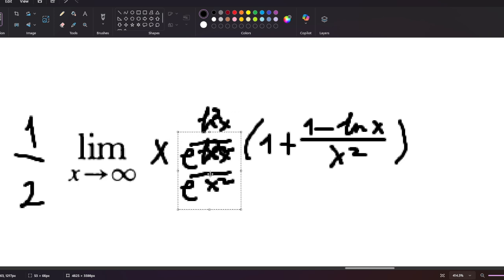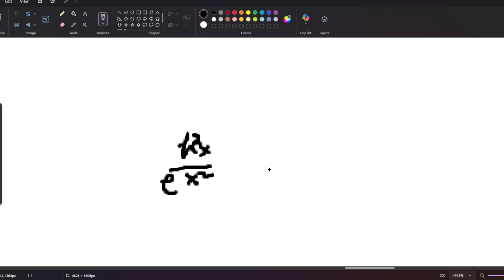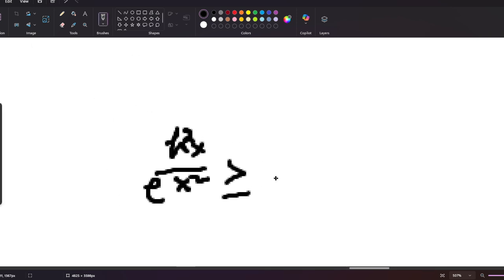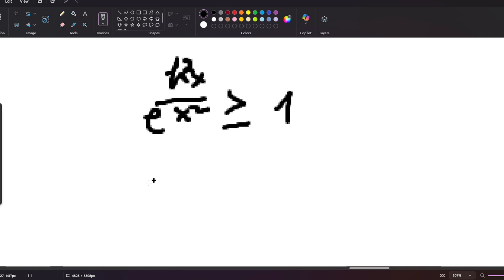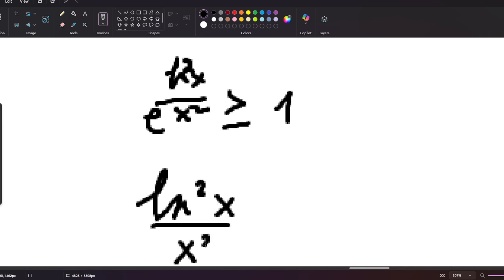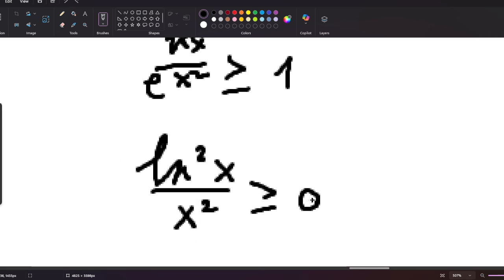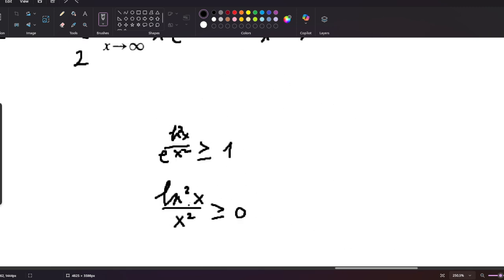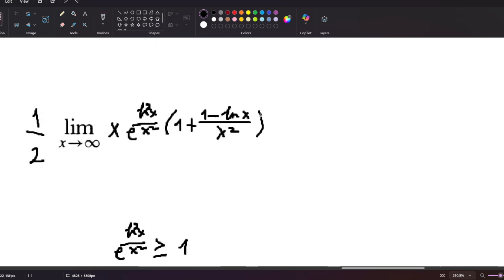Let's review this. Say that it's going to be greater than or equal to 1. Let's take the natural log of both sides. We get natural log of x squared over x squared greater than or equal to 0. This is just a square, so it's always going to be greater than or equal to 0. So let's go with this one.